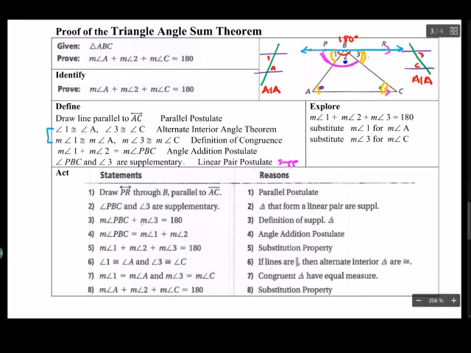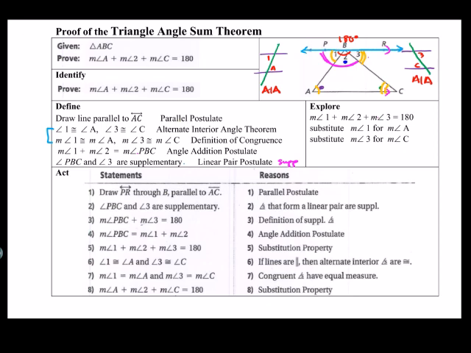So the first thing I want to do is say 1, 2, and 3 add up to 180. And then I'm going to substitute in angle A for 1 and angle C for angle 3. And then I will have A plus 2 plus C is supplementary, which is our triangle angle sum theorem.